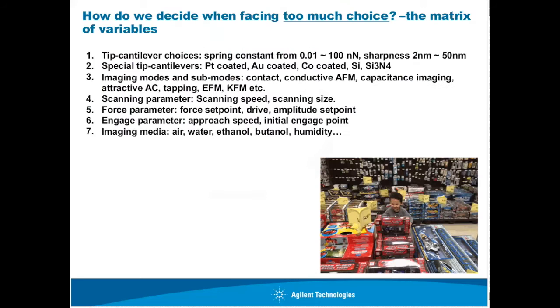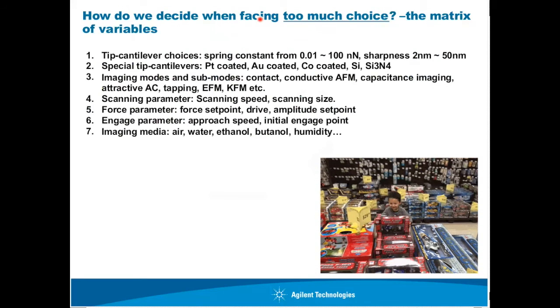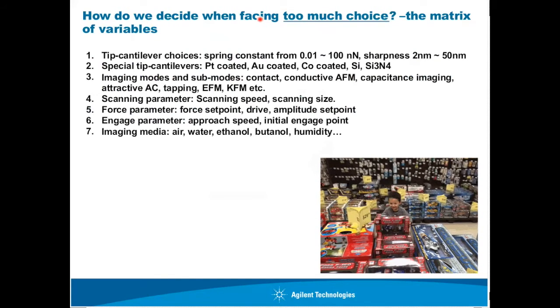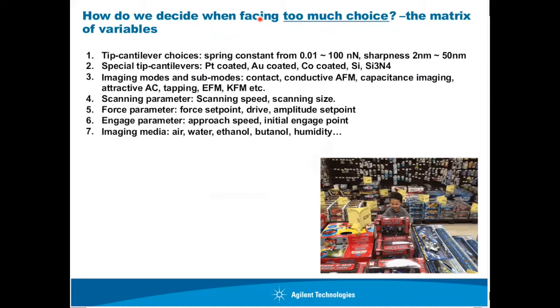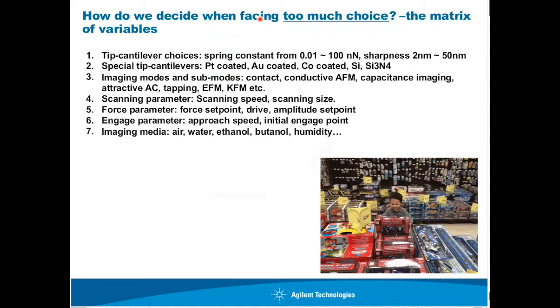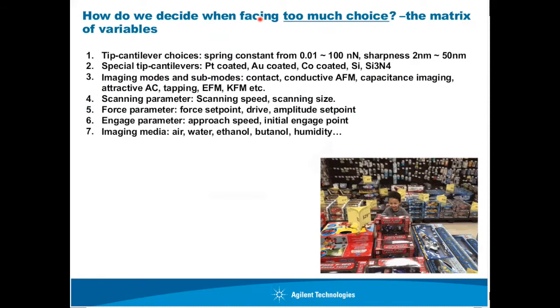For example, the biggest problem people mention is that they're facing way too much choice. When you go to shop for an AFM cantilever tip, the parameters are all over the place. Spring constant varies from 0.01 all the way to 100, like a 10,000 times difference.